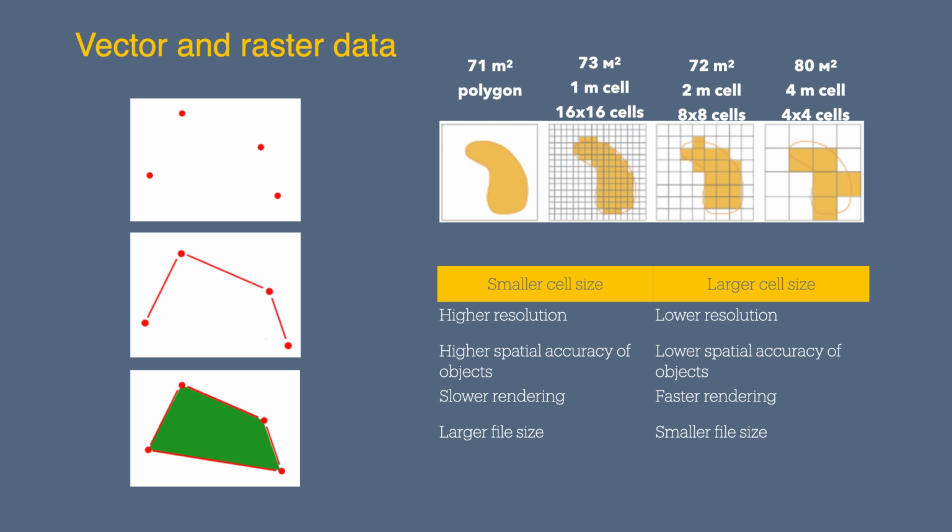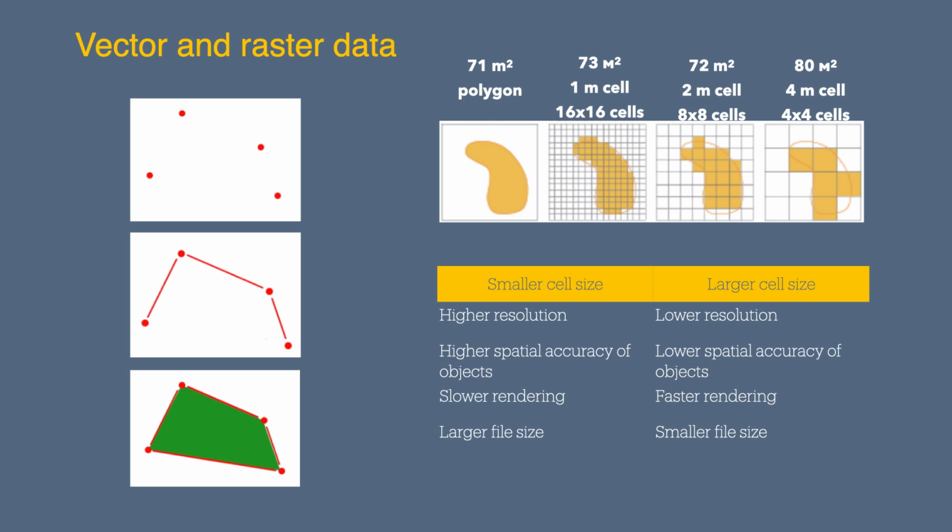Raster data is like a grid made of pixels where each pixel has a specific value. For example, in a raster image, the color depends on the RGB values, and in a digital elevation model, it shows height. Raster data is defined by its resolution, which tells us the size of the pixels. Smaller pixels give more detailed images, but need more storage space.